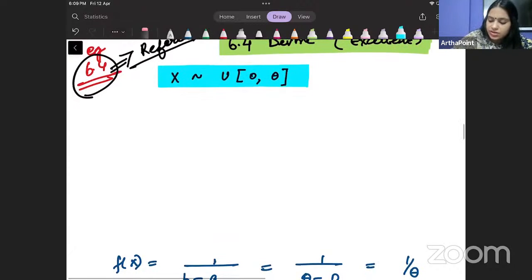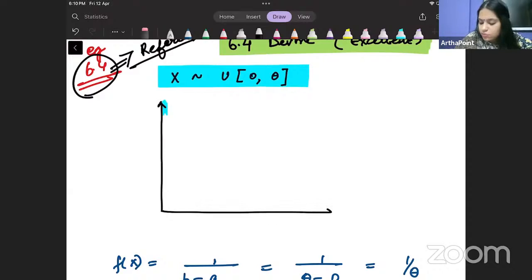I'm going to use some of your information from the earlier chapters of Devore. We will use some information from the older chapters we have read. So X is uniformly distributed between 0 to theta. Here we took 0 and here theta. What will be its PDF, beta?